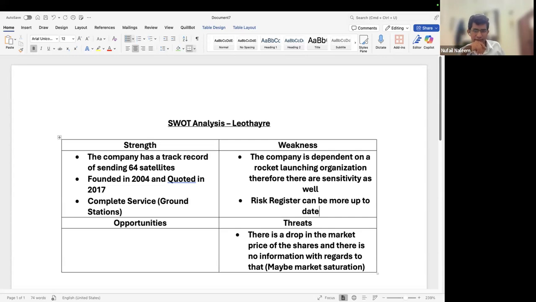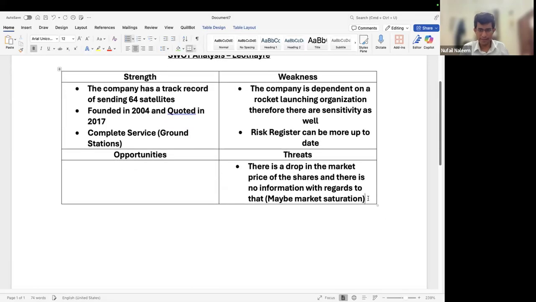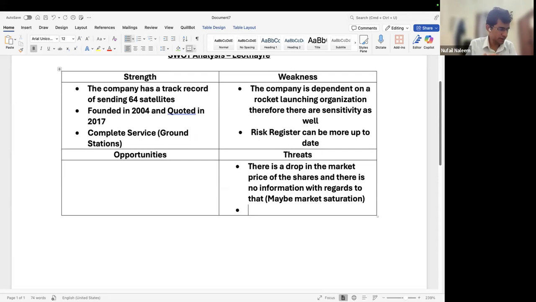I believe the risk register looks very basic. They are not covering the key risks at the moment. It's almost outdated risk. It can be better.